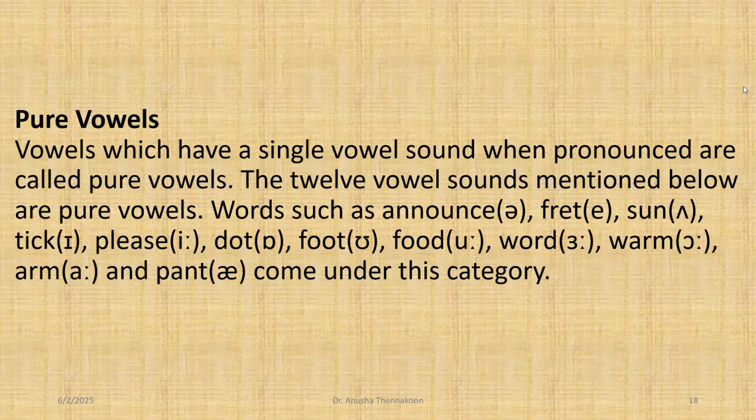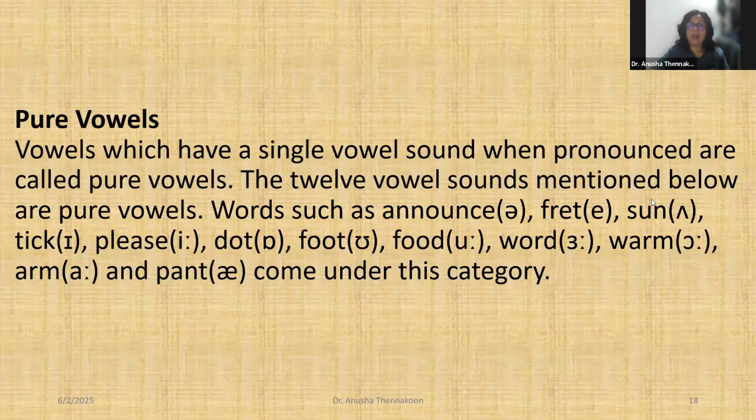Okay, we'll see pure vowels. The vowels which have a single vowel sound when pronounced are called pure vowels. The 12 vowel sounds mentioned below are pure vowel sounds. Just understand, a single sound cannot be pronounced alone, so we have attached them to a noun.